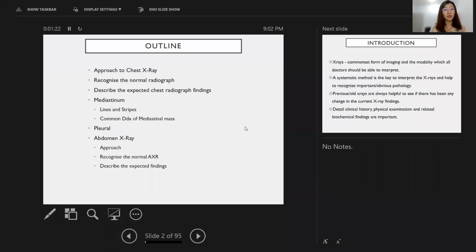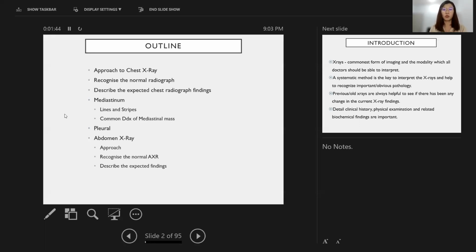So the outline for the talk today will be how to approach a chest X-ray, and then we need to recognize the normal. After that, we need to describe the expected chest radiograph findings, which are the common findings that we always encounter. And then next we go to the mediastinum. I will tell you some about lines and stripes, and then the common differential diagnosis of mediastinal masses.